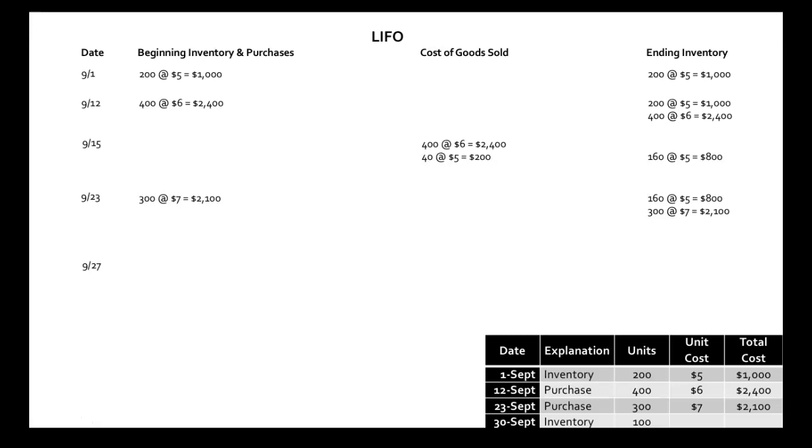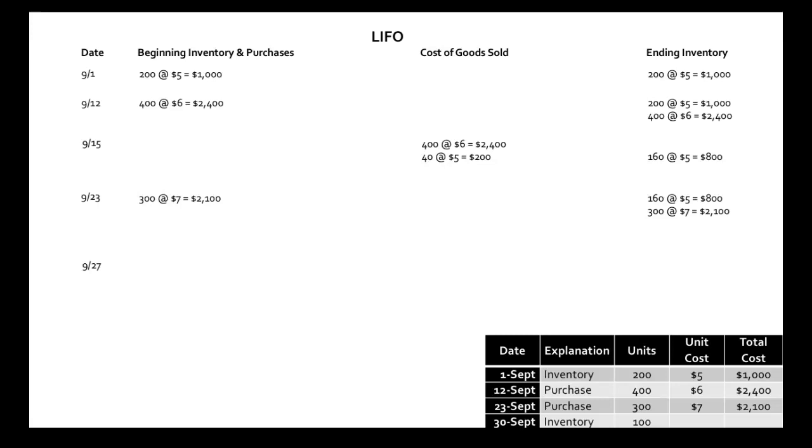So you'll notice that the actual count of units that you have on each individual day is the same, no matter which method you're using. If you're using FIFO, LIFO, or moving average, doesn't matter. What changes is how we are valuing these units of inventory.